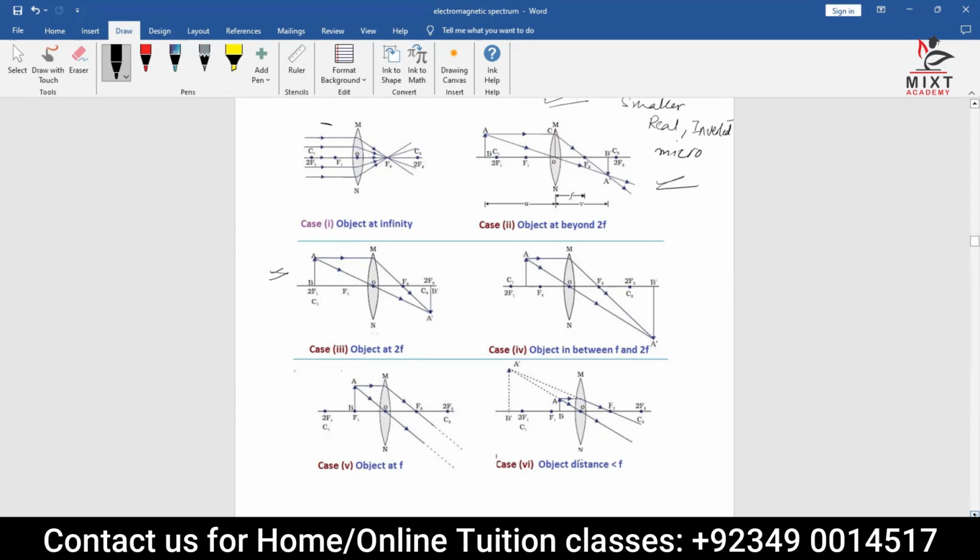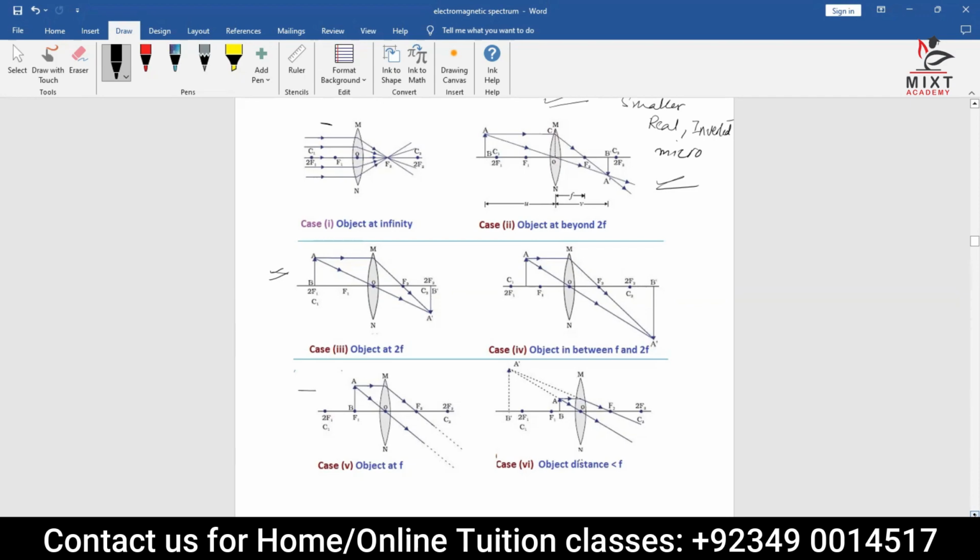Next is when object is placed between 2F and F, the image will be formed beyond 2F. The image again will be real and inverted, and it is larger in size than the object. The next case was when object is placed at F, the image will be formed at infinity because the lines after refraction will be parallel.